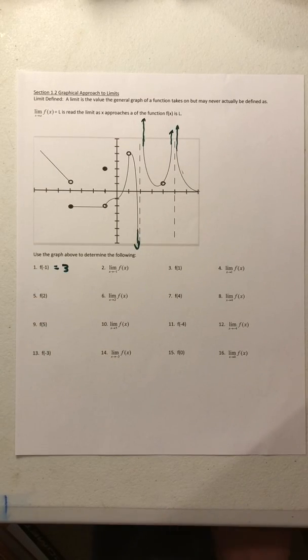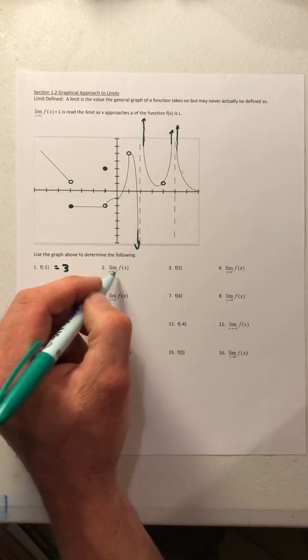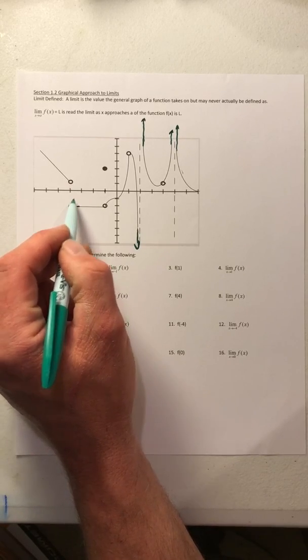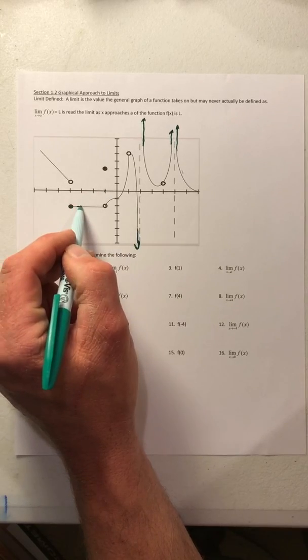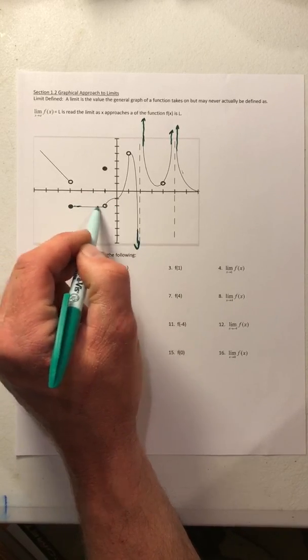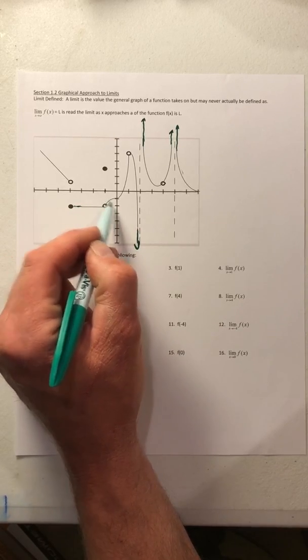Now, if I look at the limit as x approaches negative 1, that's asking what's happening with the branches of the graph close around negative 1. So this graph from the left, as x gets closer to negative 1, is a nice horizontal line. And it's getting closer and closer, or staying actually, at negative 2.